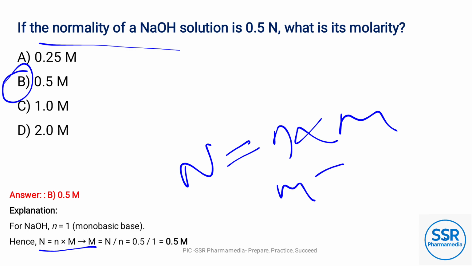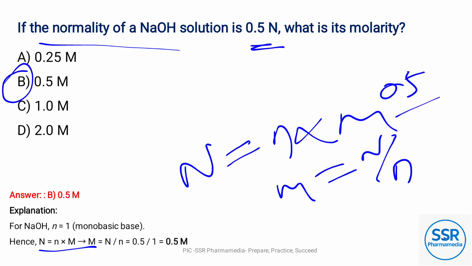So M is equal to capital N divided by small n. Capital N they have given as 0.5 normality, divided by n equal to 1. Capital N divided by 1 leads to 0.5.